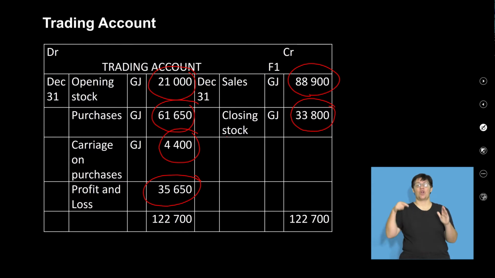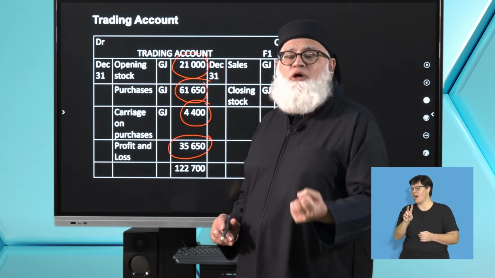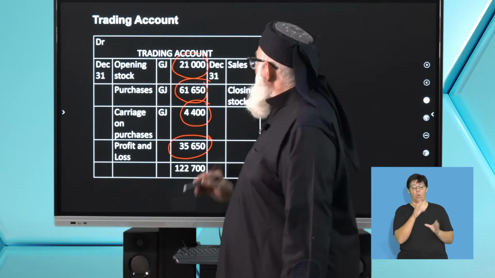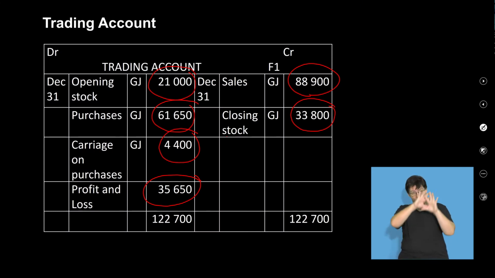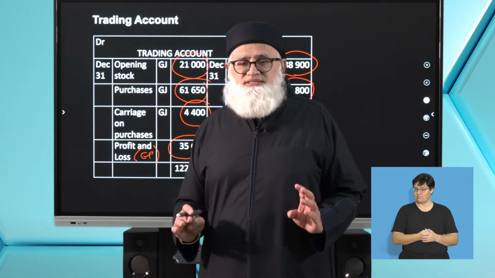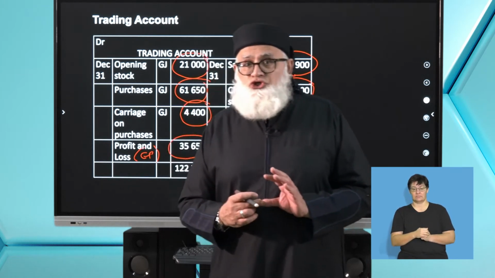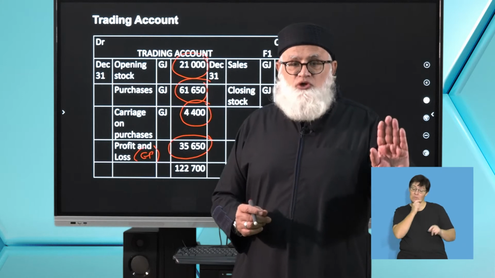So in my trading account, I don't see the cost of sales as a standalone figure. Rather, all of these components together will give you the final figure, namely your profit and loss, which is your gross profit.